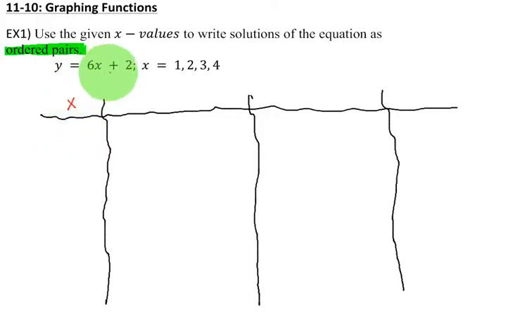Now next, I'm going to write down 6x plus 2 in this next section. So let's change pen colors. 6x plus 2. So I have my x values, my equation, and I'm going to put my y values down. And then at the very end, we can write our ordered pairs out. So we have our x value followed by that y value.